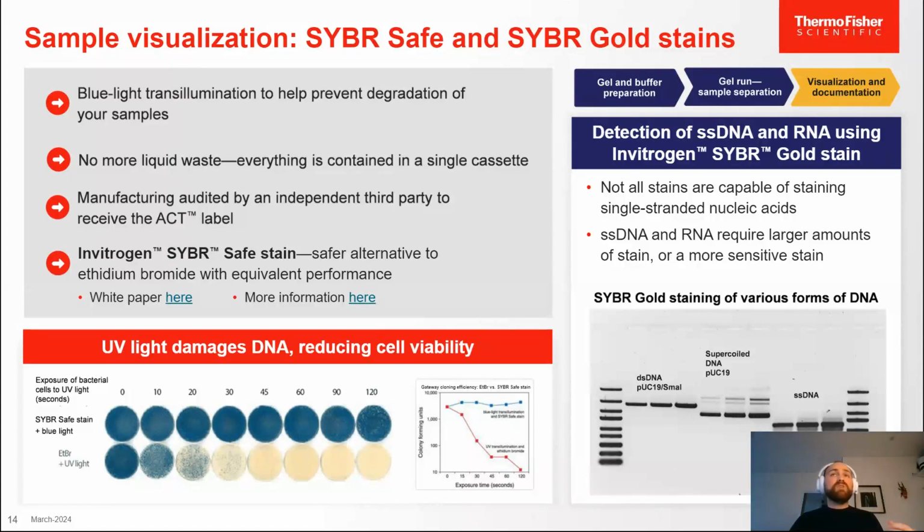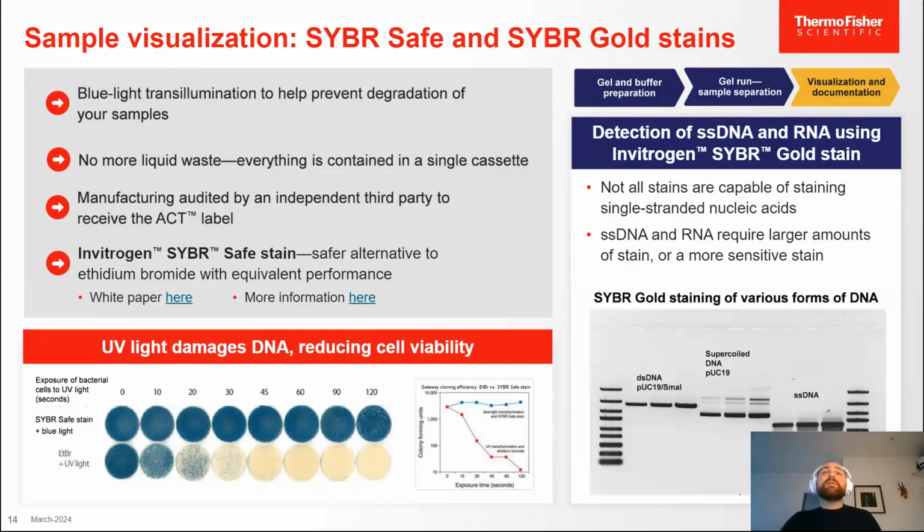Double-stranded nucleic acids, say standard DNA, are very easy to stain, because the majority of molecular biology is based on the study of double-stranded DNA. The majority of the dyes stain it very well, and generally speaking, it's not really an issue.